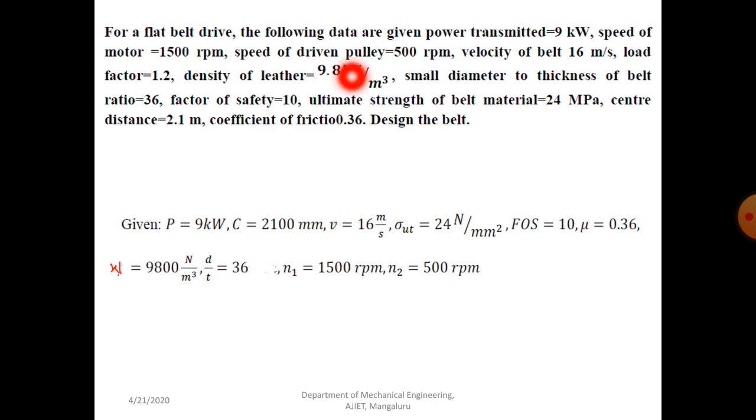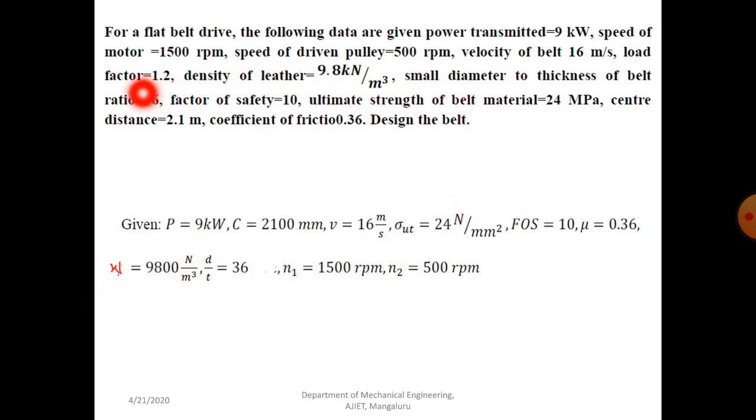But here it is given directly in Newton per meter cube. So that acts as W. In your data handbook, W stands for weight density of the belt material. The unit is Newton per meter cube, so the same unit you have to substitute in the expression. That we will discuss later.